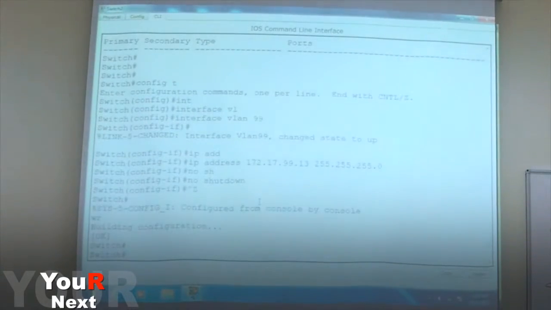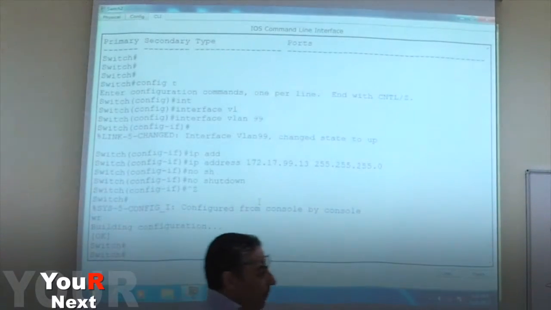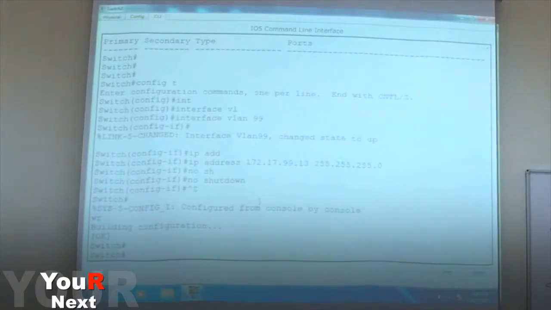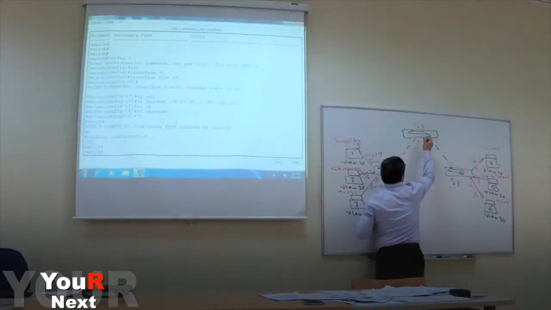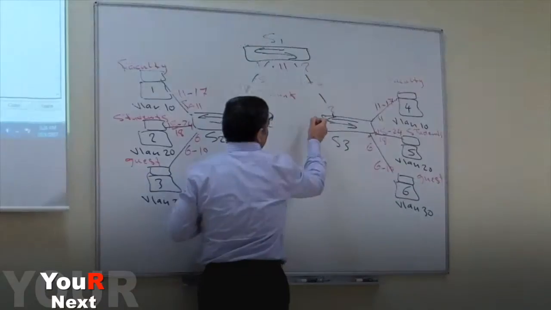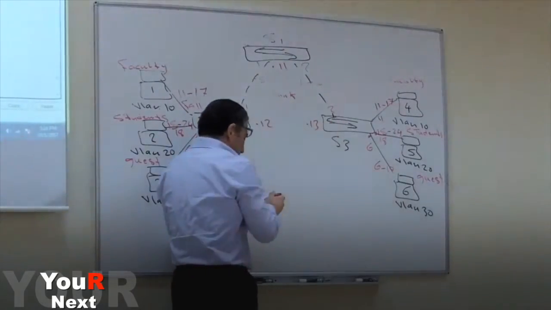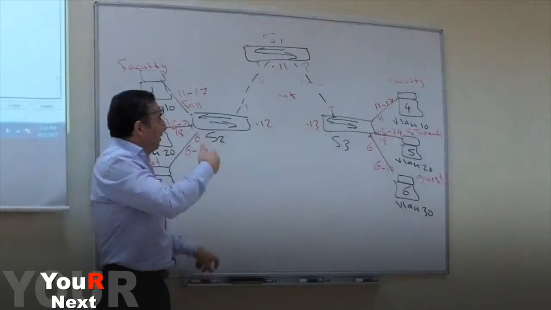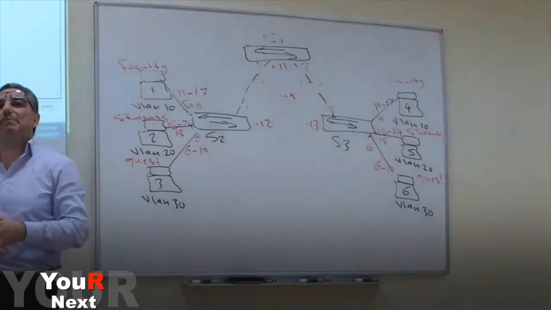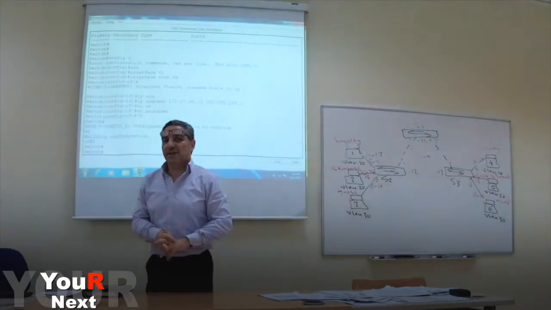So you need to set up the IP address inside each switch: here .11, here .12, and here .13, as in 172.17.99.11.